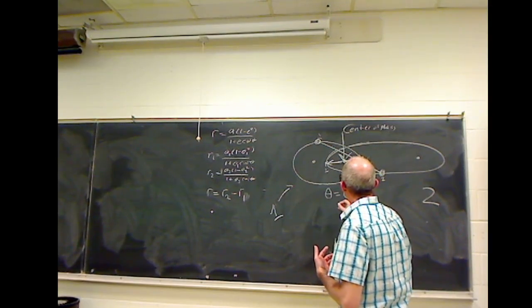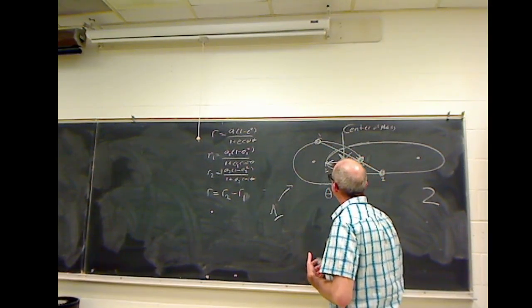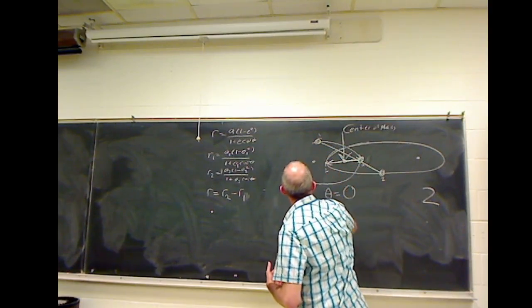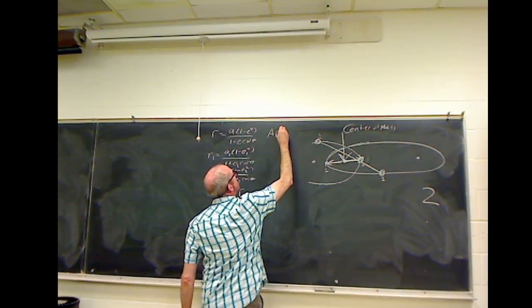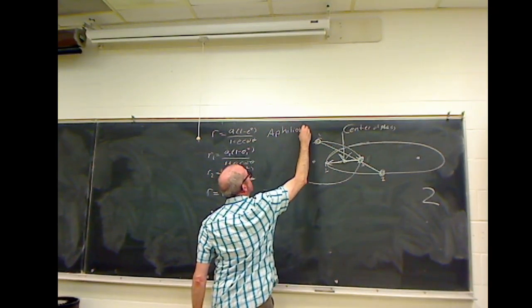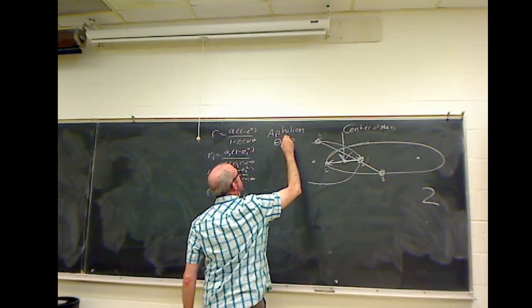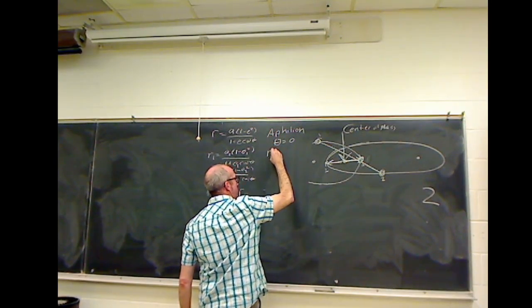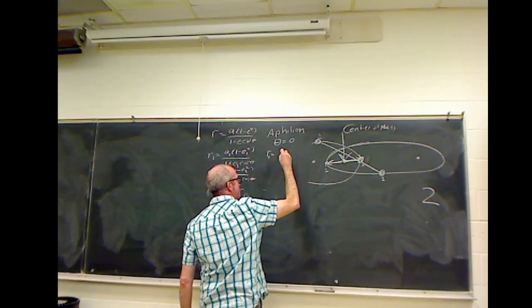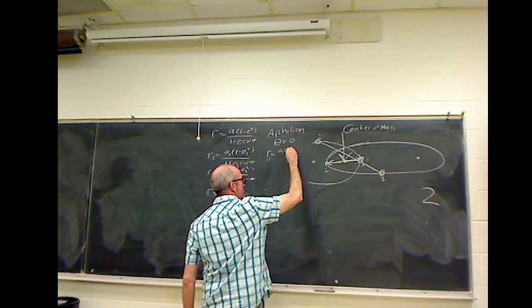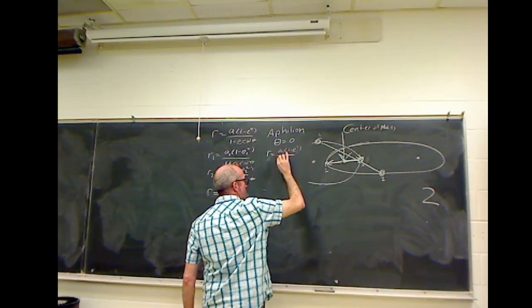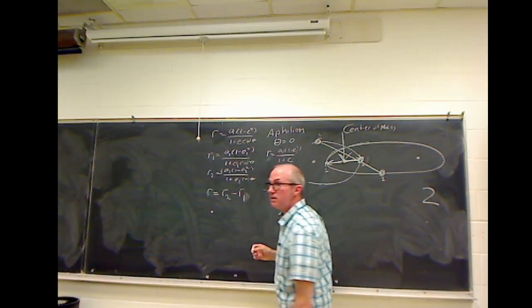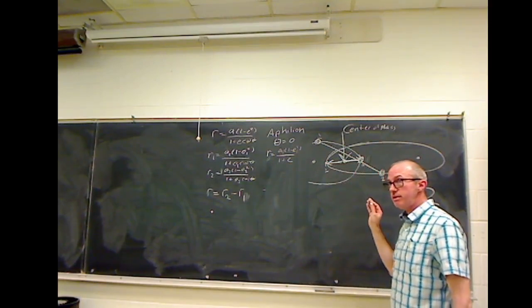So theta is 0, so we plug theta equals 0 into here and we get r at aphelion, we're just going to call it r, equals a times 1 minus e squared over 1 plus e cosine theta, and cosine theta is 1, because theta is 0.